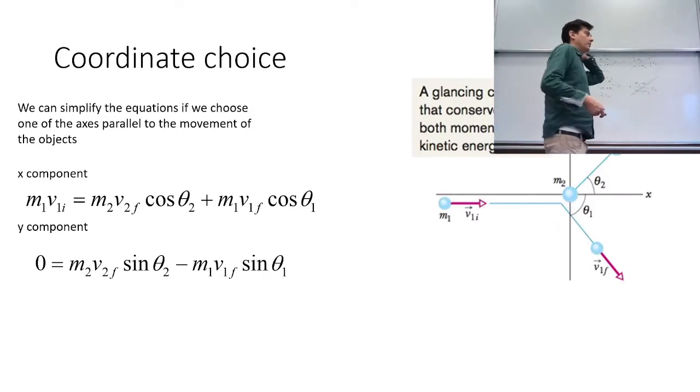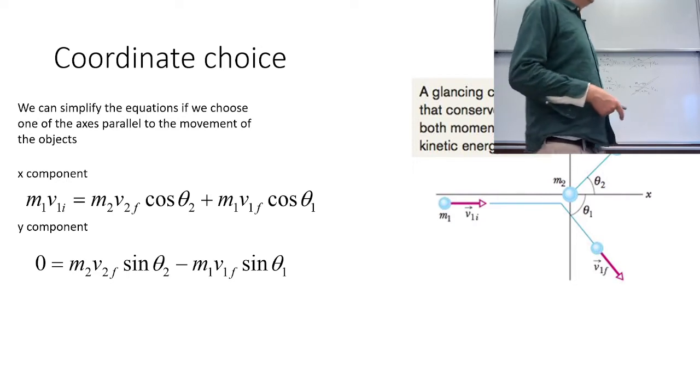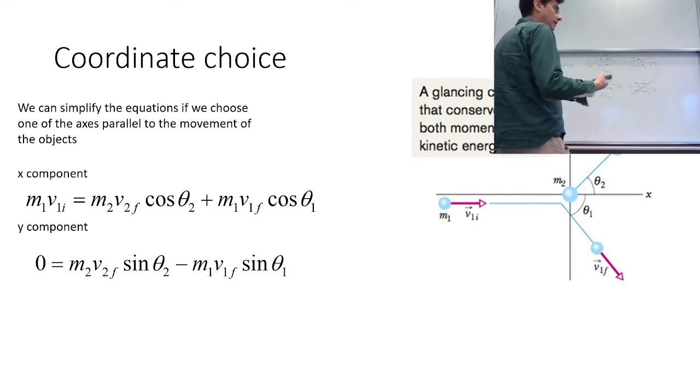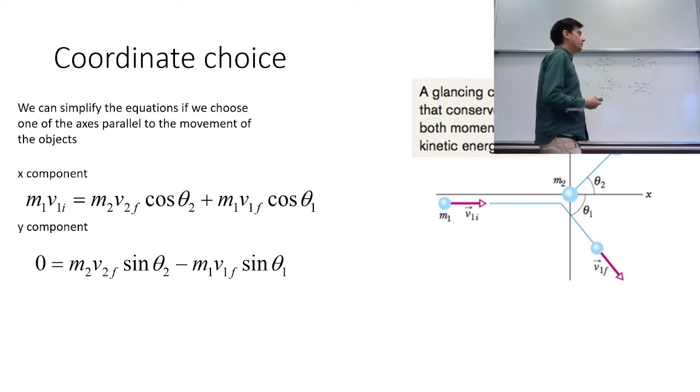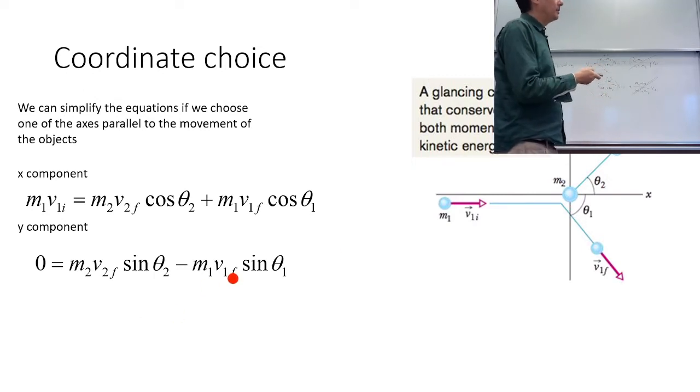So a nice trick to simplify the analysis is to use the freedom of your coordinates. Say you have some process like this. You've got an initially stationary object here, and then the object is coming in moving, just like in billiards, snooker, or pool.